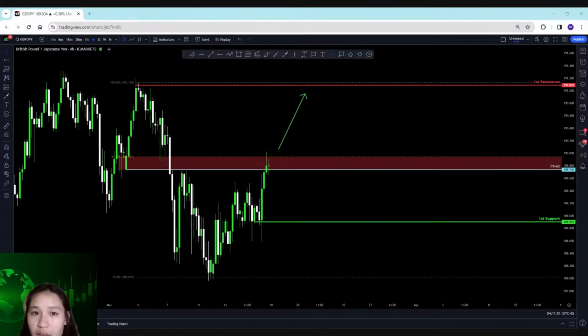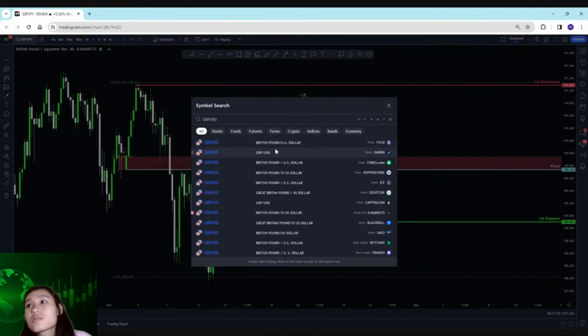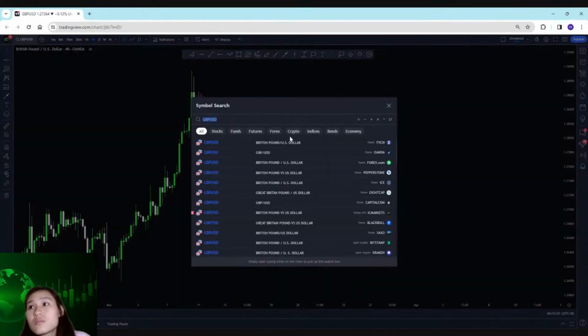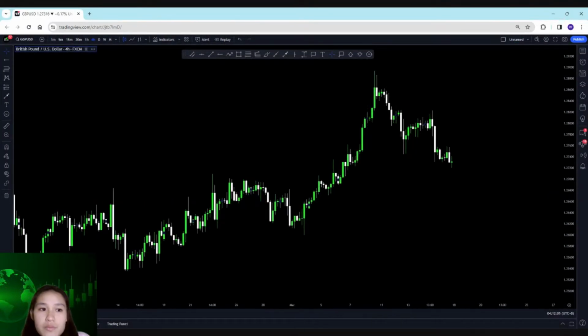Okay, now let's look at pound dollar and Aussie dollar after that. So again, starting off by looking at the daily time frame.